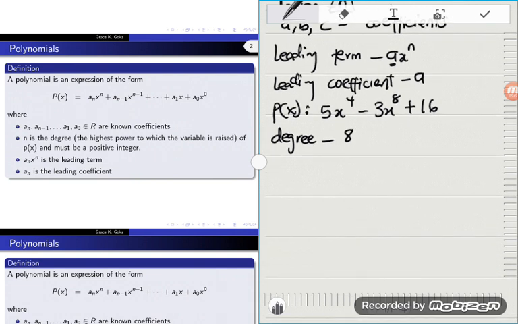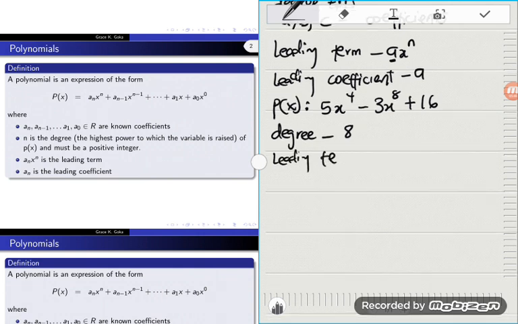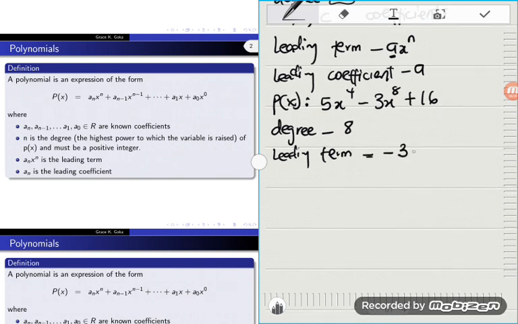Another feature that we also want to look at is the leading term. And the leading term of a polynomial is the term in which the highest exponent can be found. And so since the highest exponent can be found in the second term, it means that the leading term is minus 3x to the power 8.